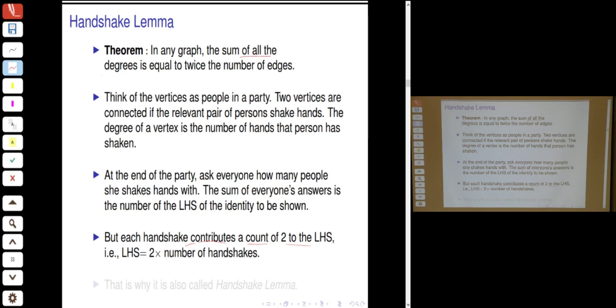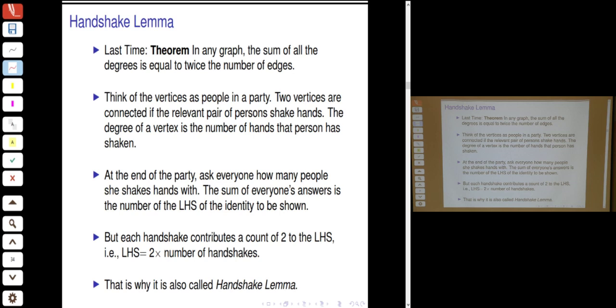The sum total of the handshakes by all the individual people present in the room is equal to twice the total number of handshakes that have taken place. Okay? So that's why this result is also called the handshake lemma. Any questions?